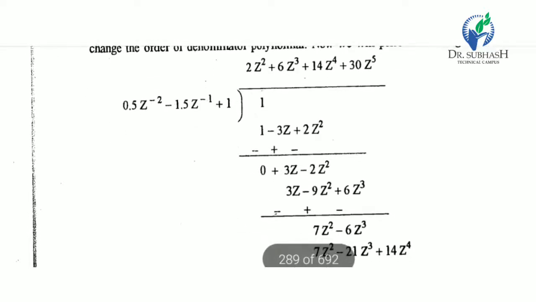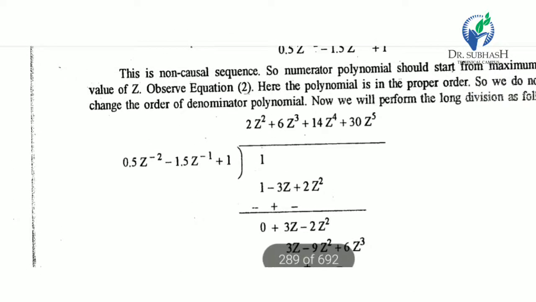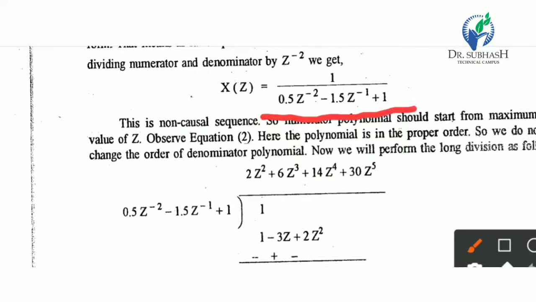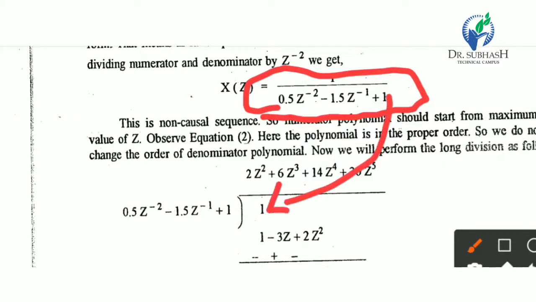So keep in mind, our equation is 0.5 z^-2 - 1.5 z^-1 + 1. So first we take 1 divided by 0.5 z^-2 - 1.5 z^-1 + 1.